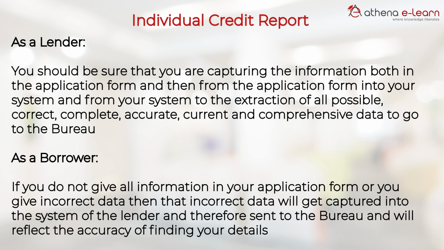So, as a lender, you should be sure that you are capturing, both in the application form and then from the application form into your system, and then from your system to the extraction of data to go to the bureau, all possible data, all correct data, data which is complete, accurate, current and comprehensive.